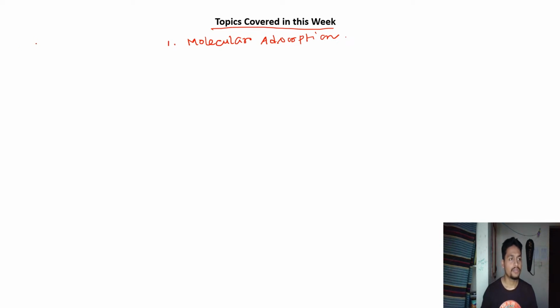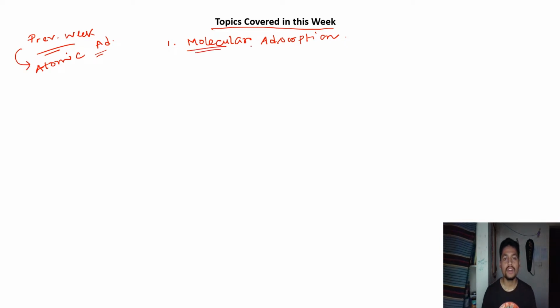In the previous week we learned about atomic adsorption. If the adsorbate moieties are atoms, in that case we have already thoroughly discussed it. And in this week, mainly we have learned about molecular adsorption, with a thorough discussion on that.